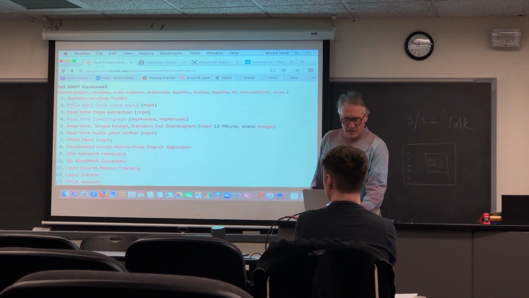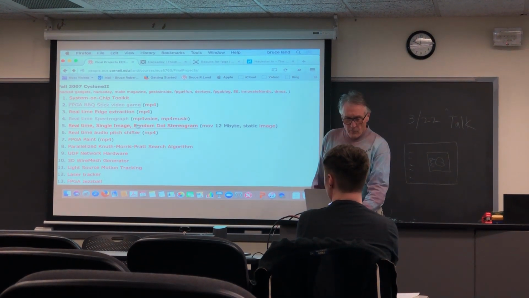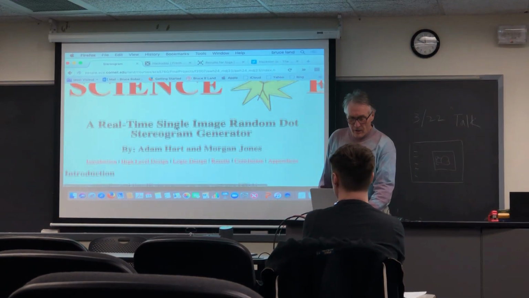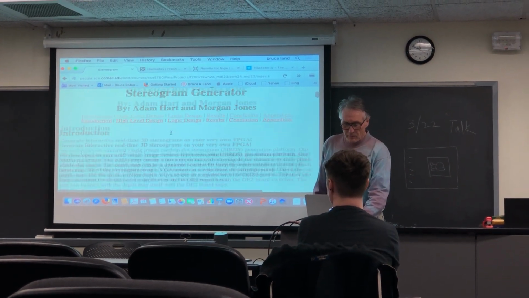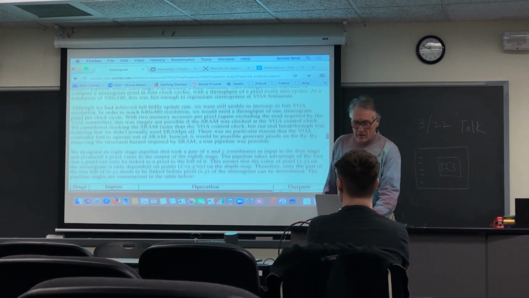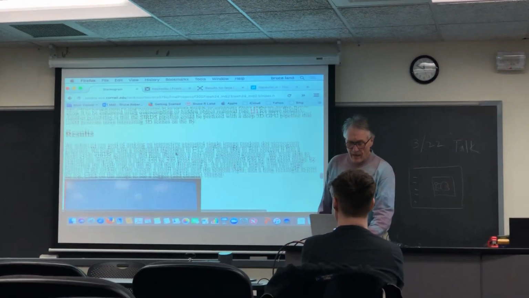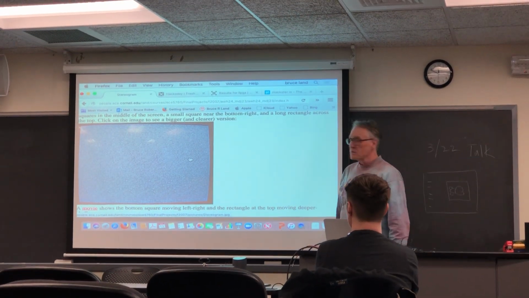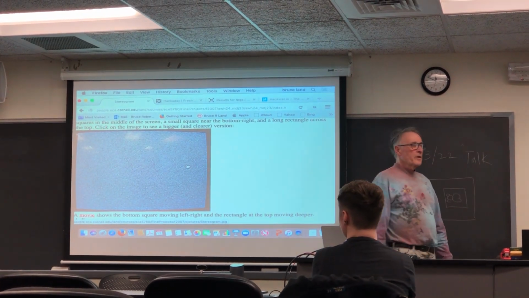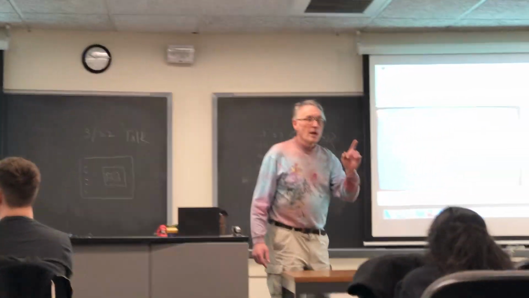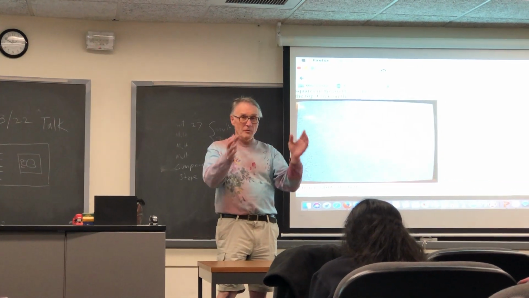Real-time edge extraction is now easy. This one was one of the weirder ones we ever had. Real-time, single image, random dot stereogram generator. So he could do stereo animation. If you stare at this with crossed eyes, you'll see 3D objects. There is depth information and no contour, no line information.